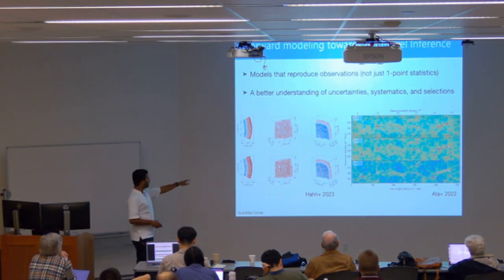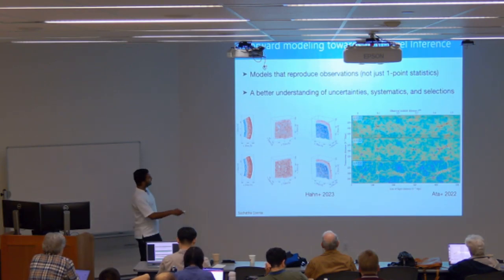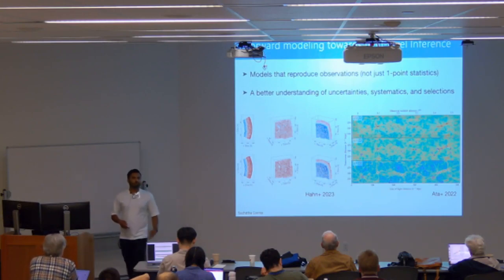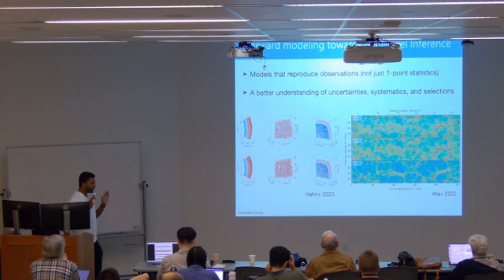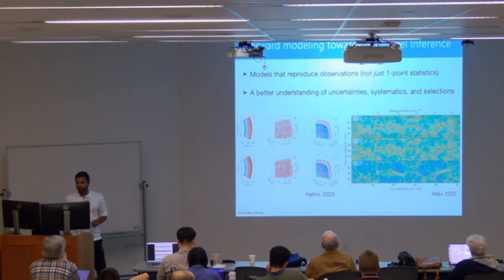In this case, this is clustering. Let's not limit ourselves to two-point clustering; let's go to n-point and just do field level. This is constrained simulations in the COSMOS field, basically getting initial conditions, running hydro, and comparing Lyman alpha tomography and such. But basically, what I'm trying to say is we need an empirical model that is a full forward model.